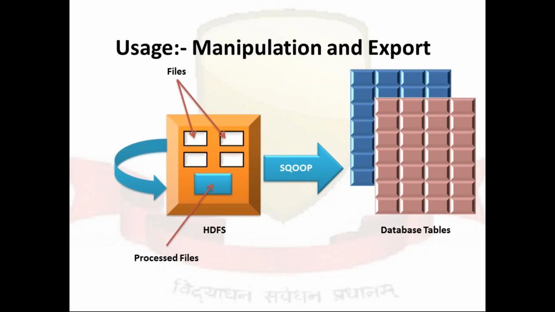Most aspects of the import, code generation, and export process can be customized. You can control the specific row range or columns imported. You can specify particular delimiters and escape characters for the file-based representation of the data, as well as the file format used. You can also control the class or package names used in generated code.